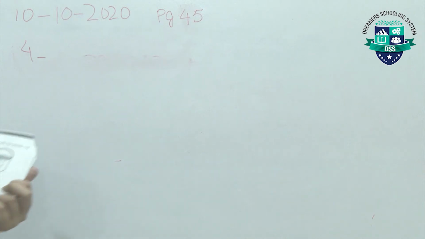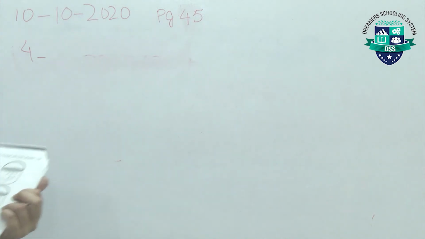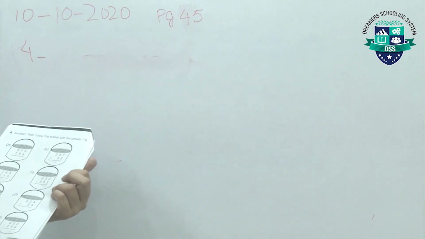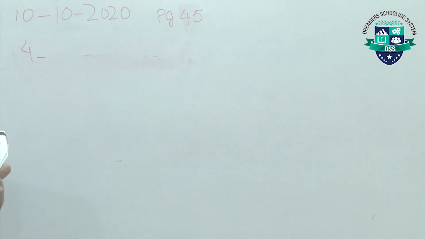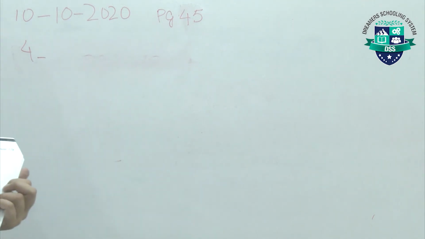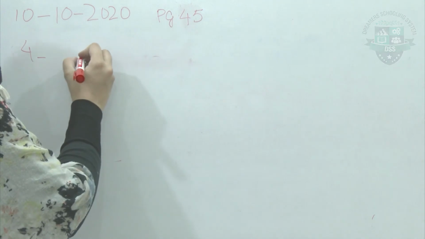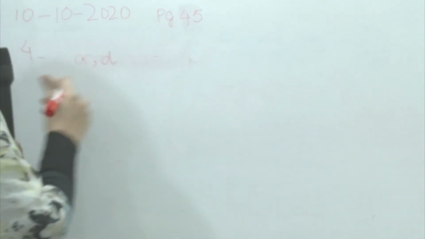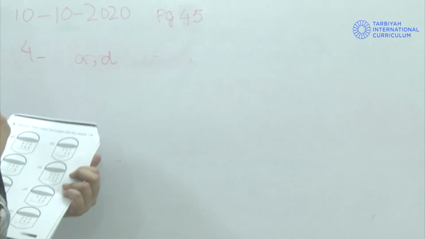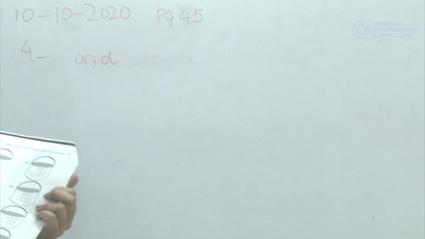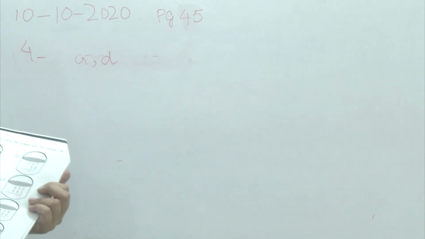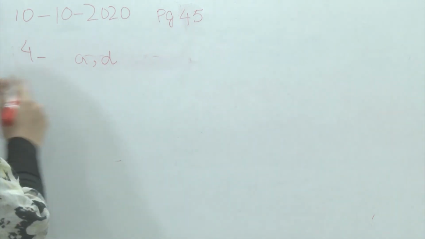Okay, so in this question what you have to do is subtraction, and the basket which has the answer 178, you have to color that basket only. So I will do parts A and B, and the rest of the parts you have to do yourself, and I will provide answers, but first you have to do it yourself and then you can match your answers with mine. Okay, so let's do part A.